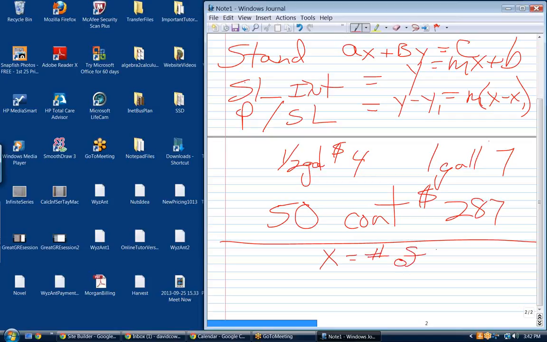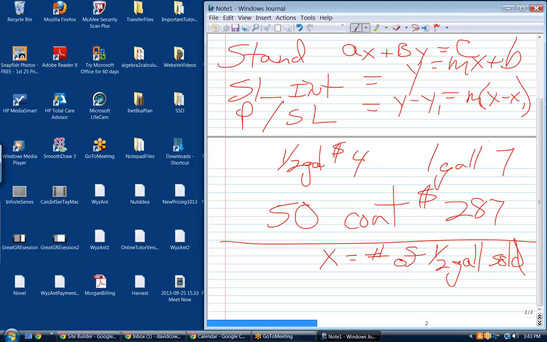At least until you get really good at these, it's nice to spell the whole thing out, or at least know in your mind that X represents the number of half gallons that we're going to sell. What's the second variable? Y could be whole gallons sold.